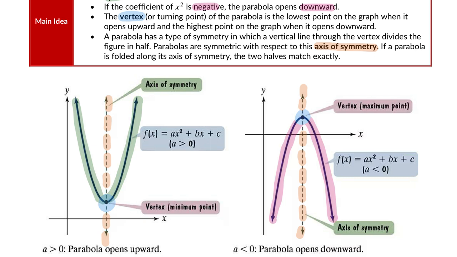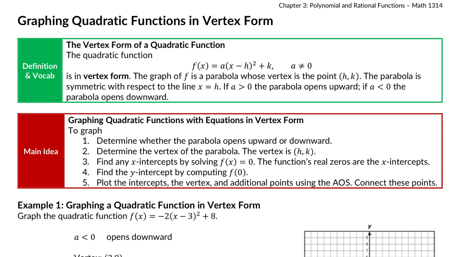What we're going to be doing is taking two different forms of an equation for a quadratic function and using the characteristics to graph the function. So if you flip it open to the next page, we have the first type of function that's called vertex form. Vertex form is great because it straight up tells you the vertex in the exact equation. You don't have to do any sort of work to find the vertex.